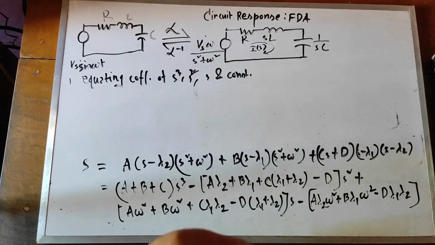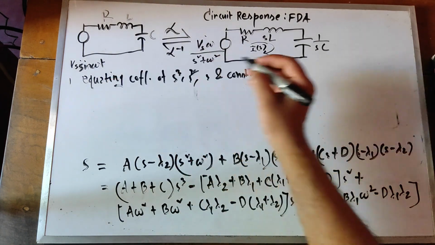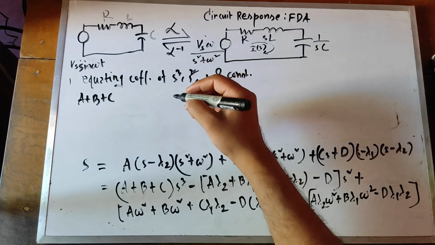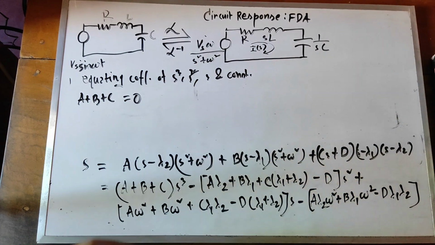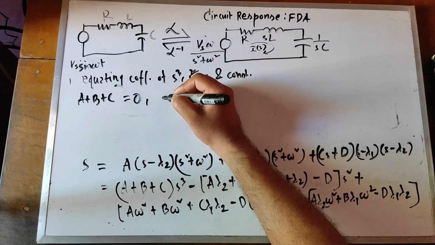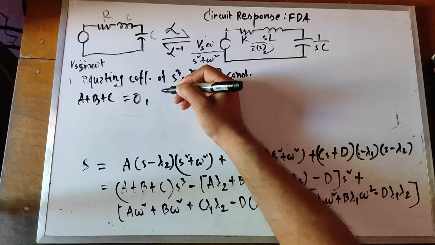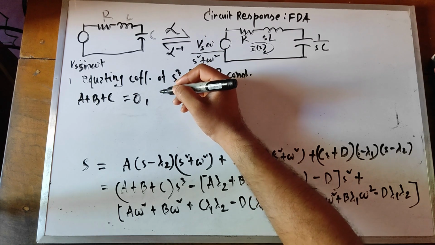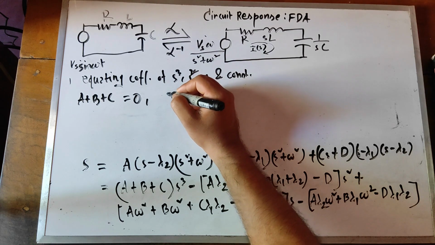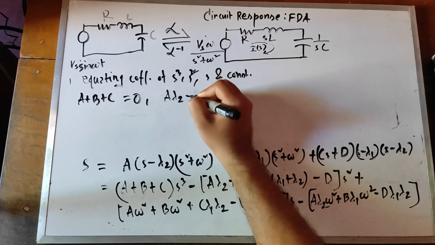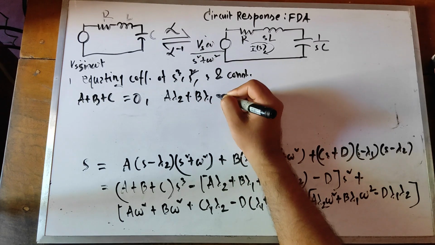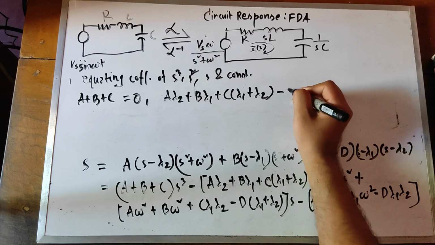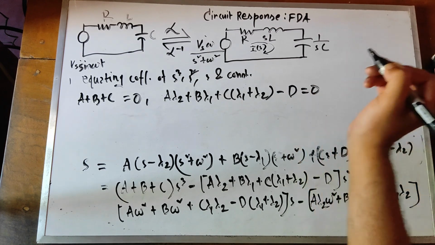So it will give me A plus B plus C equals 0. Then I'm getting A lambda 2 plus B lambda 1 plus C (lambda 1 plus lambda 2) minus D equals 0.